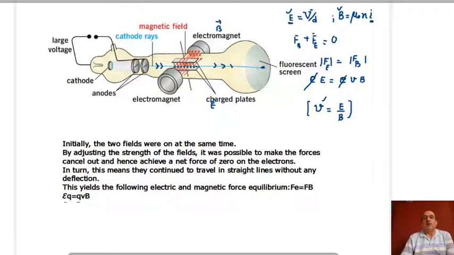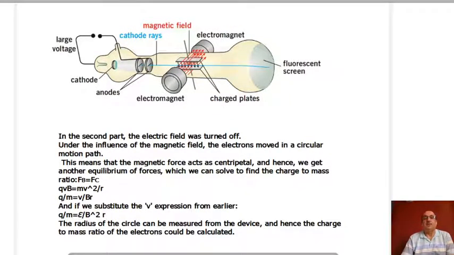In the second part of the experiment, we change the value of E to 0. That is, there is no electric field.